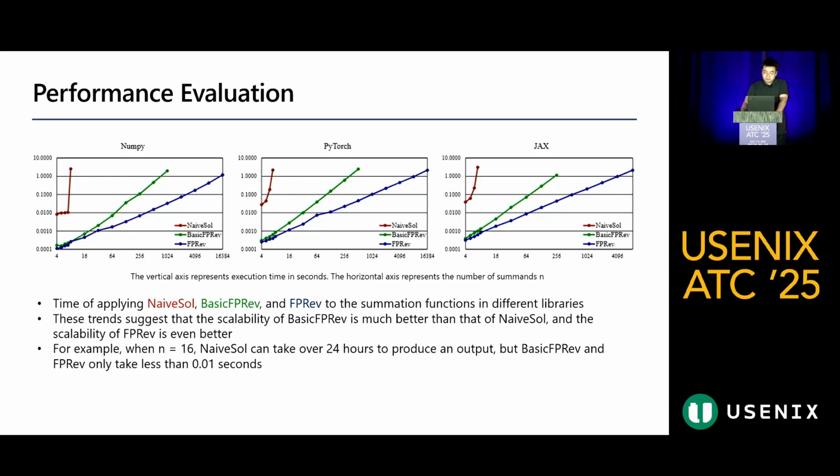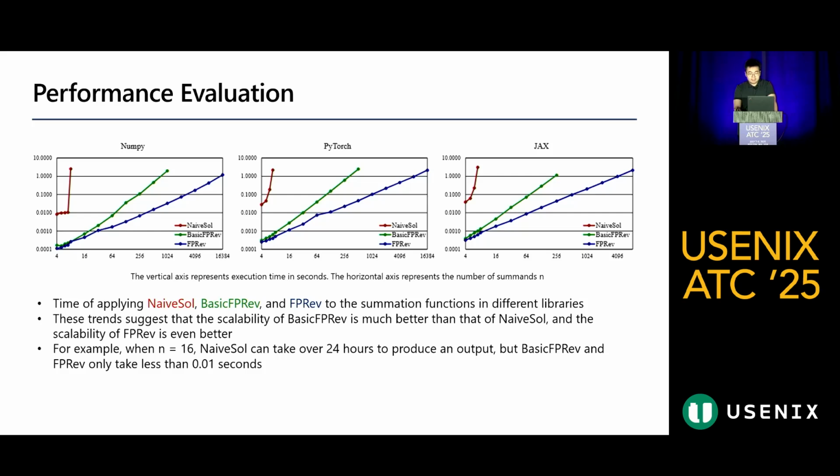Let's see the first result. The vertical axis represents execution time, and the horizontal axis represents the number of summands, that is the tree's leaf nodes, n. We test the single precision summation function in 3 libraries. The red curves indicate that the execution time of naive solve grows exponentially as n grows.